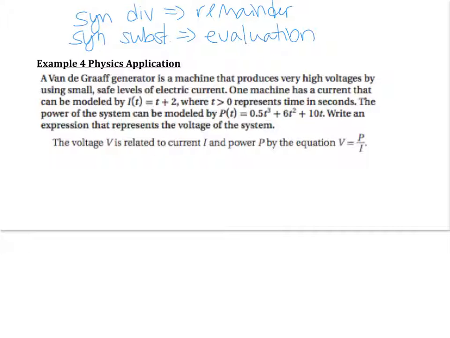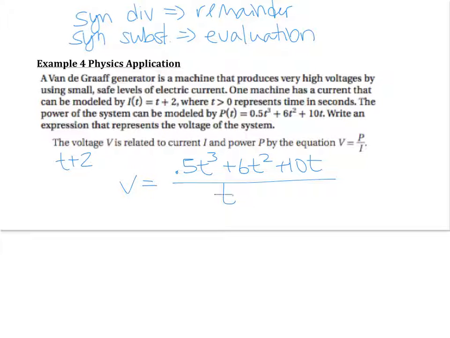So my I is t plus 2, and you can decide how you want to divide this. I think that's going to actually be in the next part. So here's our expression to represent V. Sorry about that. Just need the expression.